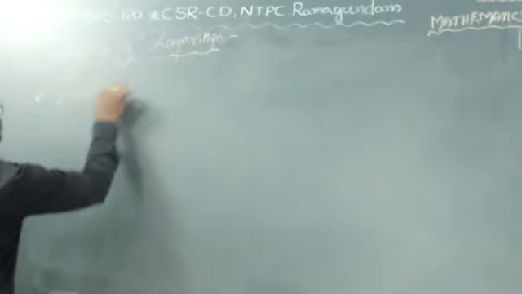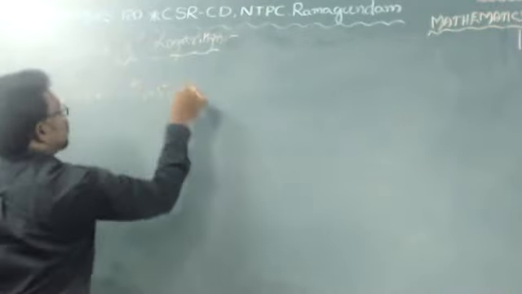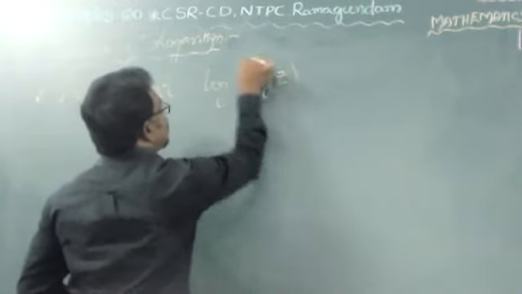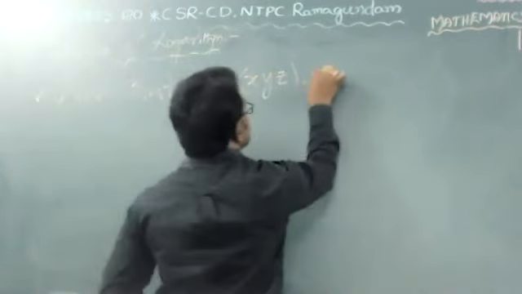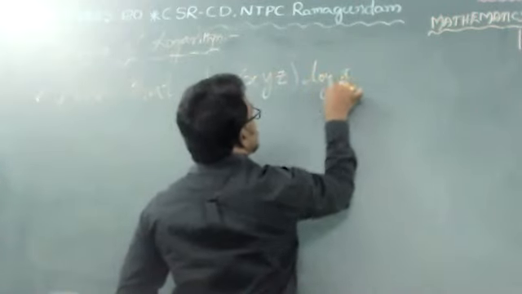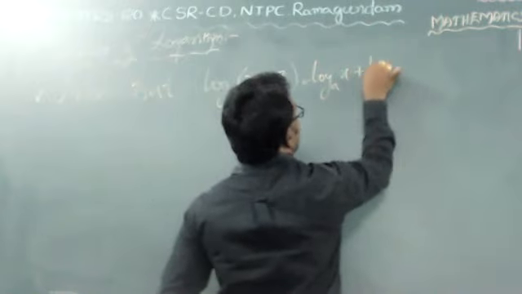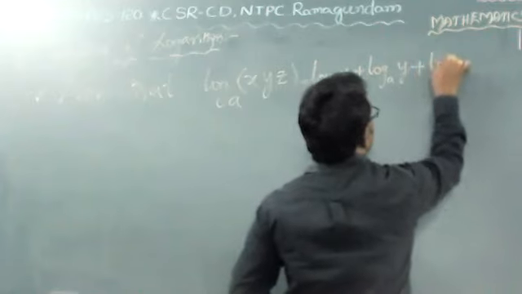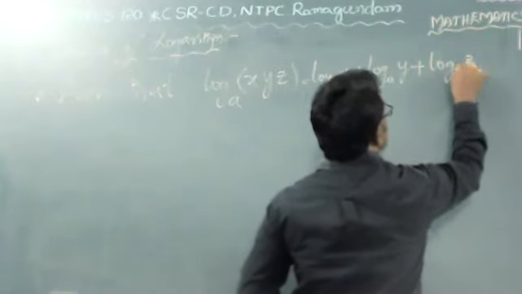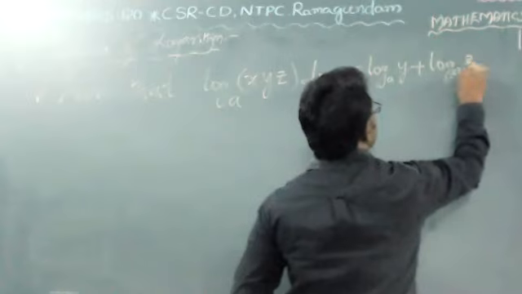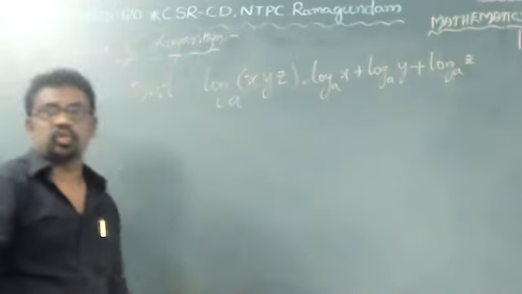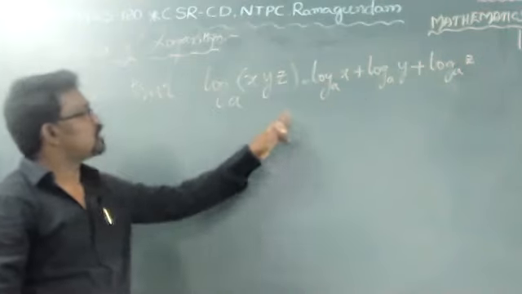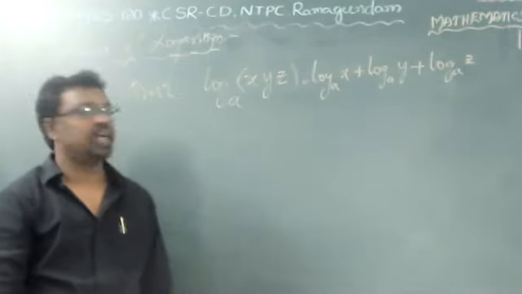Prove that log xyz to the base a is equal to log x to the base a plus log y to the base a plus log z to the base a.